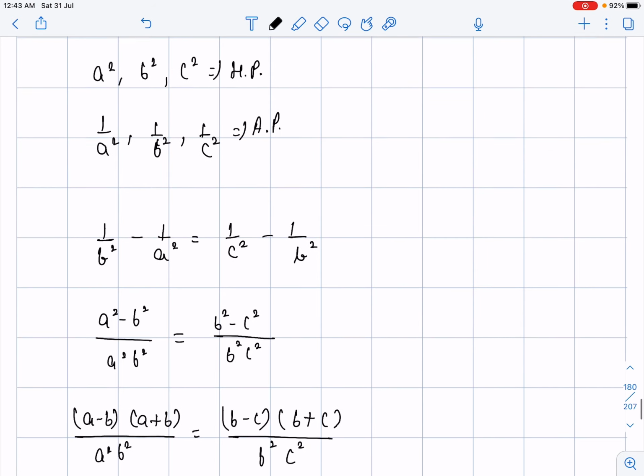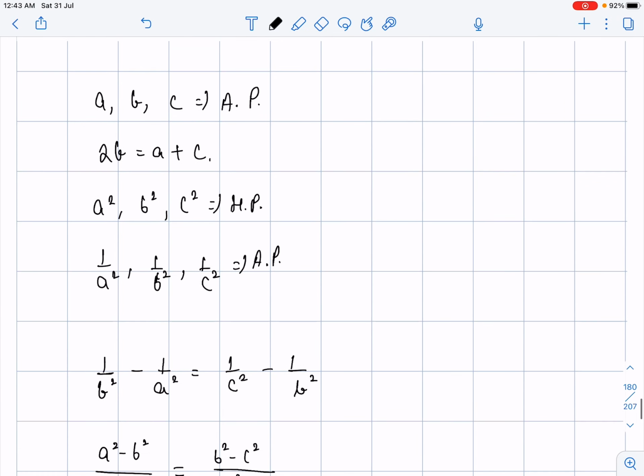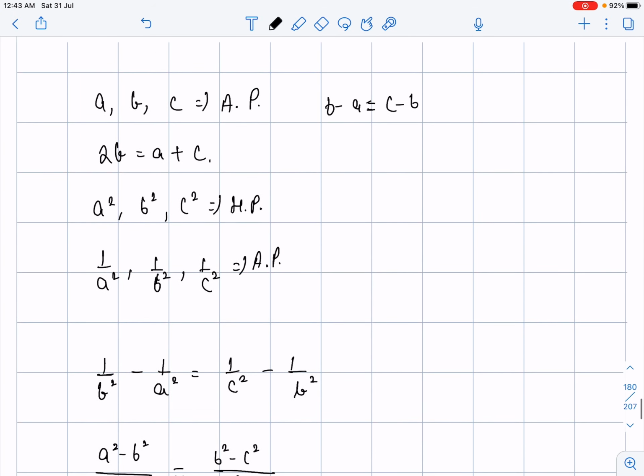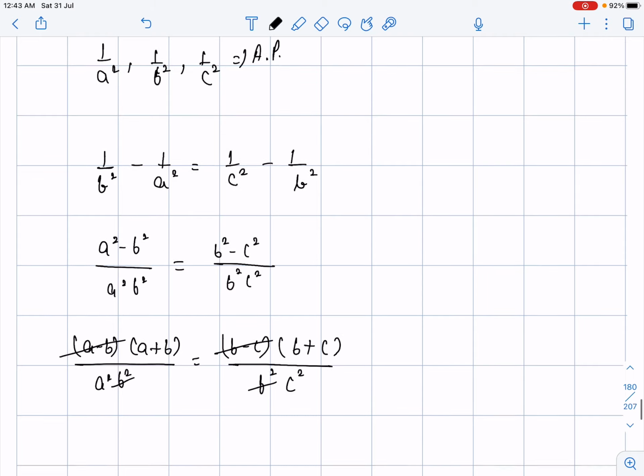Now guys, we do know one thing: a, b, c was also an AP. So b minus a will be equal to c minus b, because it's a common difference. So what is written over here? That means a minus b is equal to b minus c, because it's the negative of the common difference. So this and this will get cancelled with one another. Even b square will get cancelled.